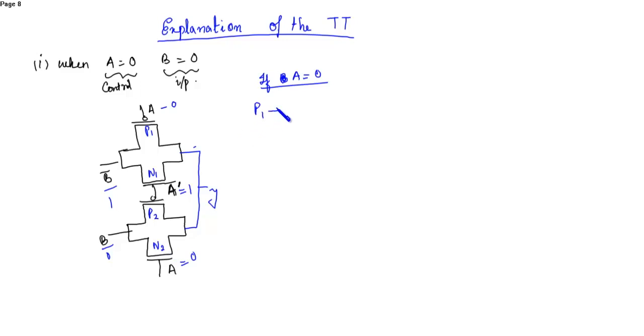So P1 will be on. Since we know if input is 1, then NMOS will turn on and PMOS will turn off. And when it's 0, then PMOS will turn on and NMOS will turn off.